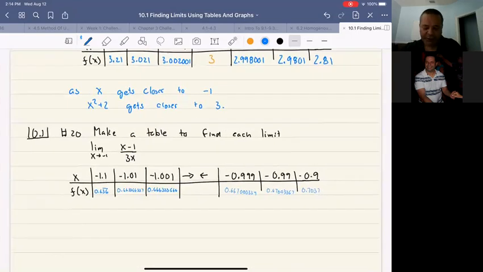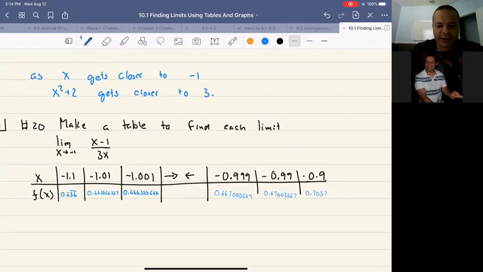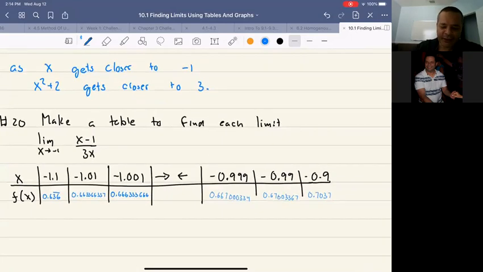Now, one thing that we might notice is that if we actually plugged in -1, what are we going to get? That's really not what we're doing here, but it is helpful in a lot of situations. If we plug in -1, we're going to get -2 over -3, which is 2/3.